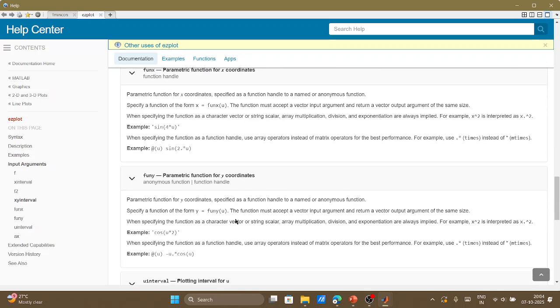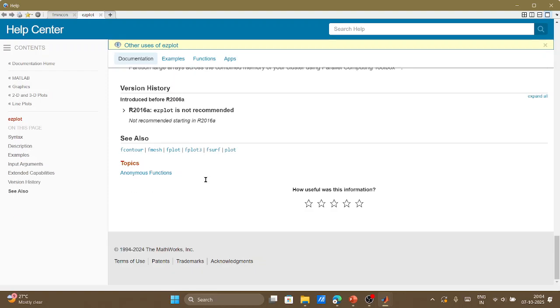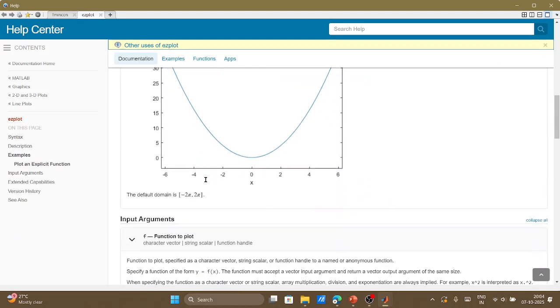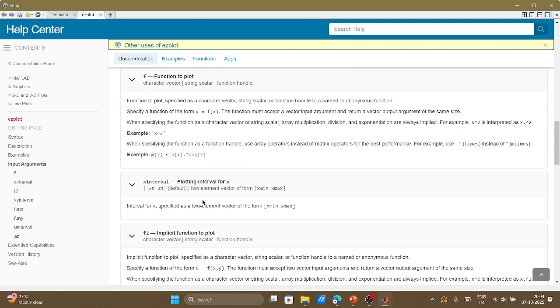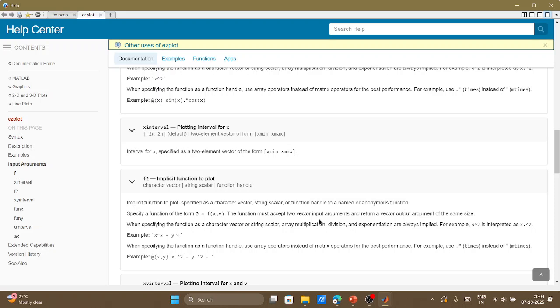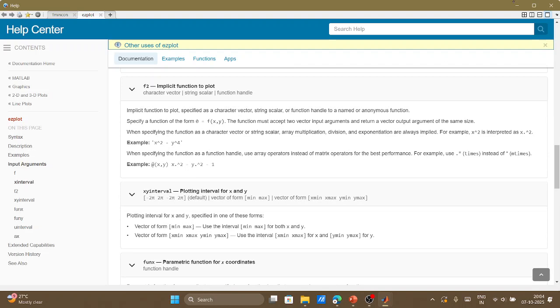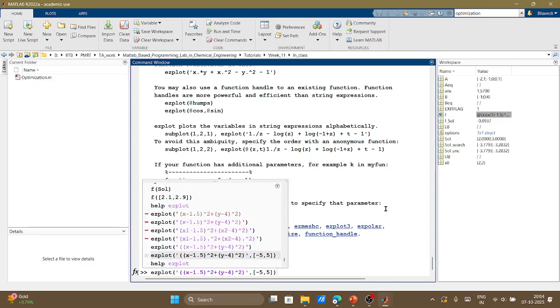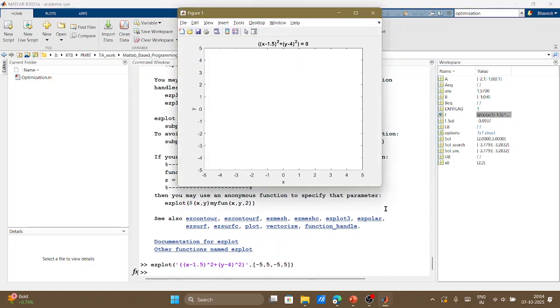X min, Y min. This plot is not working for some reason.